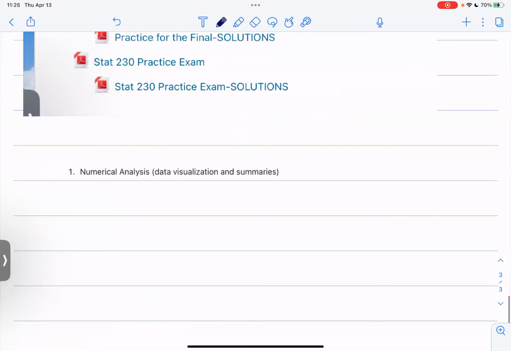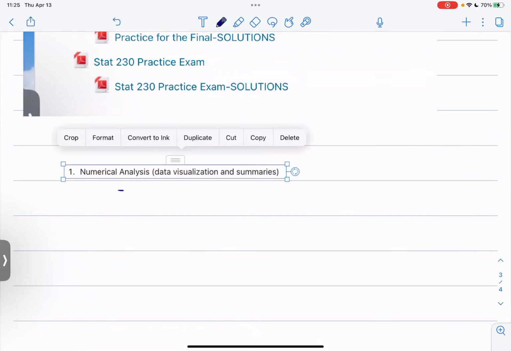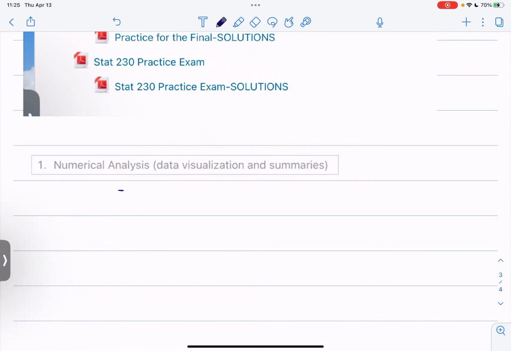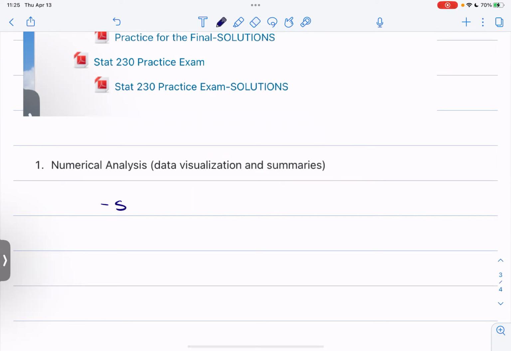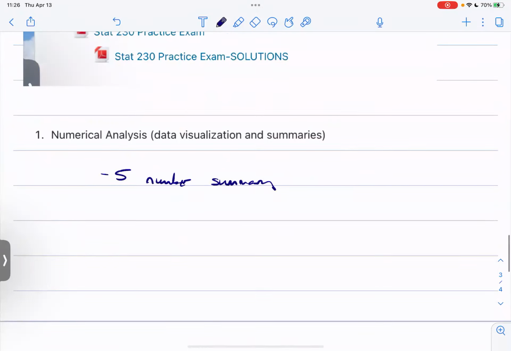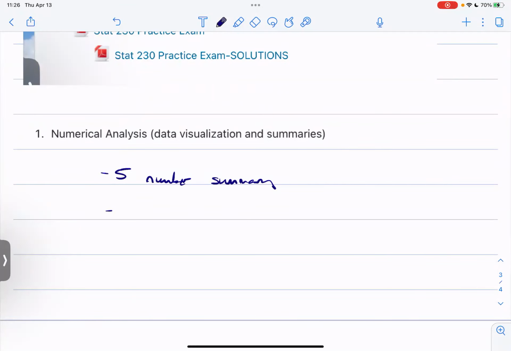So here, this is the 5-number summary, which I already told you about.